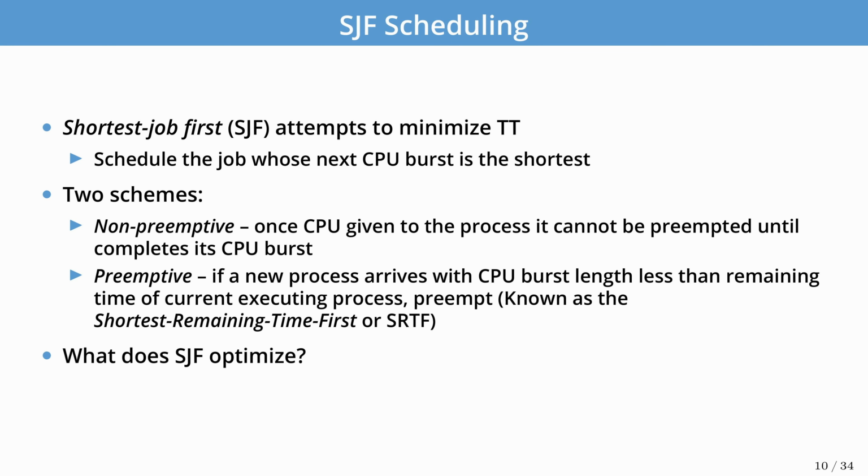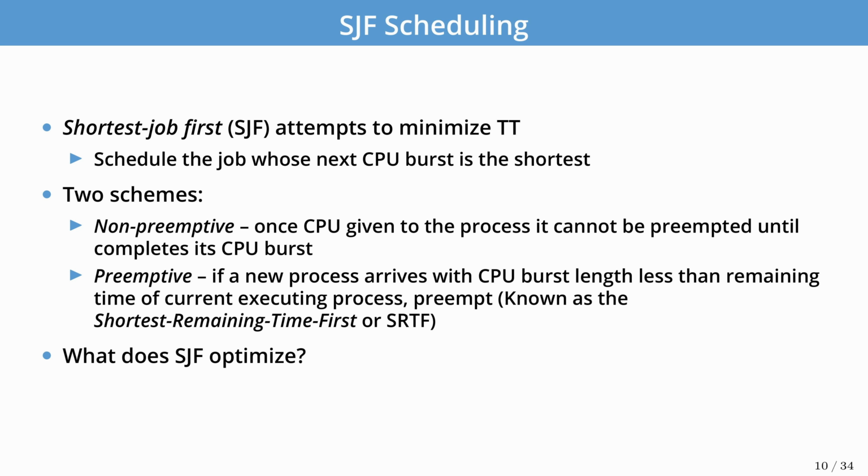The shortest job first scheduling policy attempts to minimize the turnaround time. This is one of the solutions to the problem we just saw. The idea here is that we'd like to schedule the job with the shortest CPU burst first. We could do this with a non-preemptive or a preemptive scheme. The non-preemptive scheme, if we knew the lengths of all these different tasks, we would run the shortest task first.